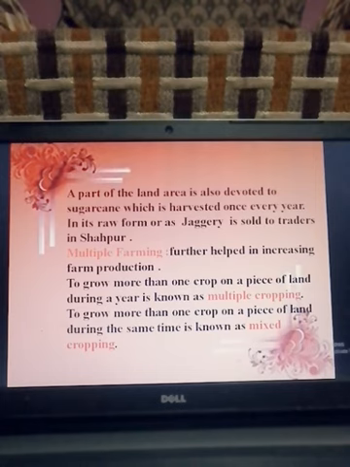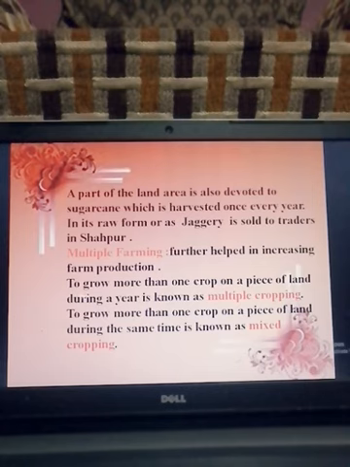Now you might be having a doubt how it is. That method is called multiple cropping as well as mixed cropping. I'll tell you the difference between multiple cropping and mixed cropping. Multiple cropping will help in the increase of farm production. How?